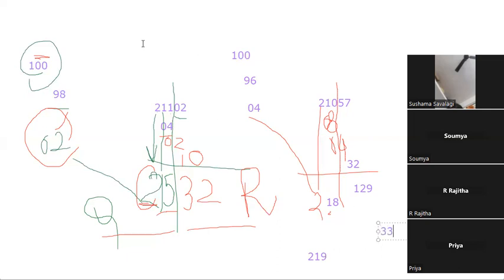So the quotient you have is 219 and your remainder is 33. I hope this is clear. If you have any doubt, please type in the chat box. Is it 23 or is it 33? Somebody has shared with me, but it is 33, not 23. Yes, Soumya.